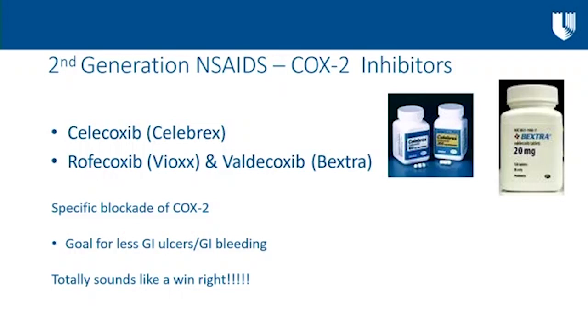These specifically blocked cyclooxygenase 2. And so the goal of this was we get all of the effects of blocking inflammation, pain, and we avoid all that stuff about GI, right? Total win-win. Sounds great, right? What can't we have? We totally can't have nice things, right?